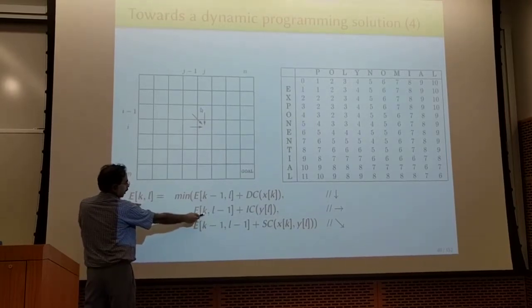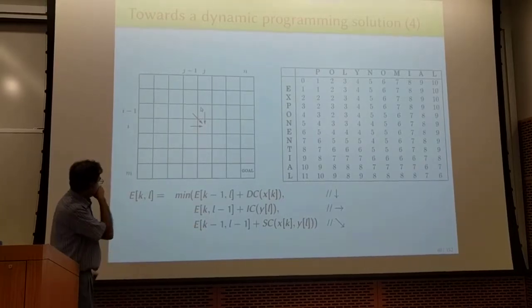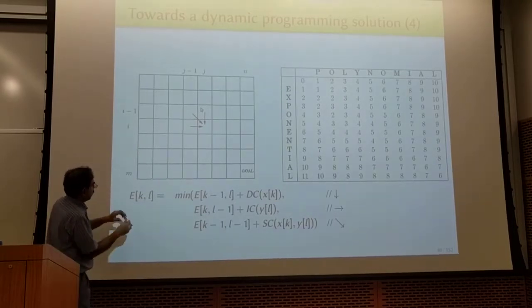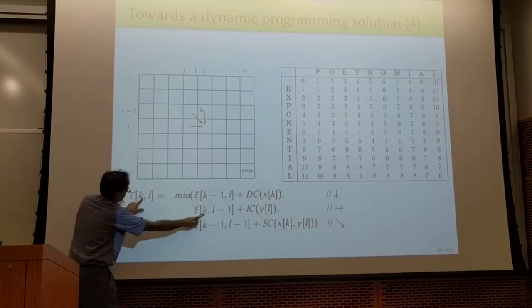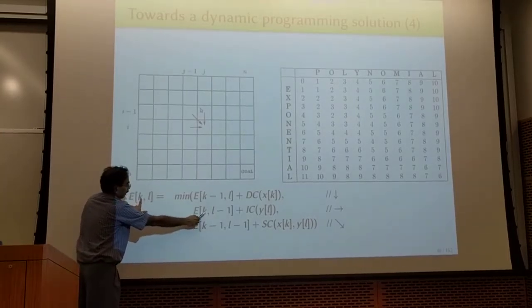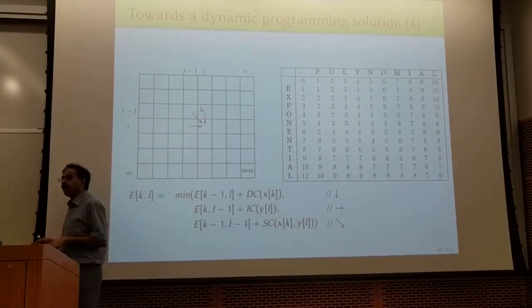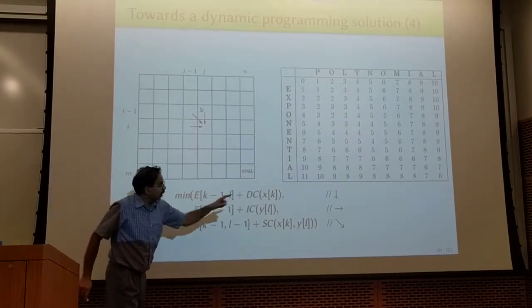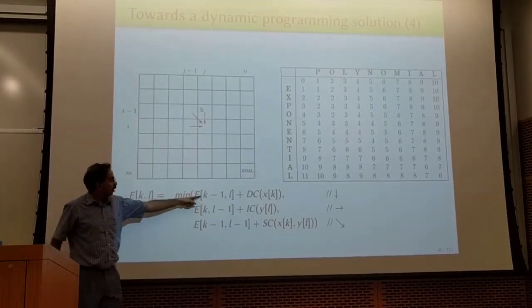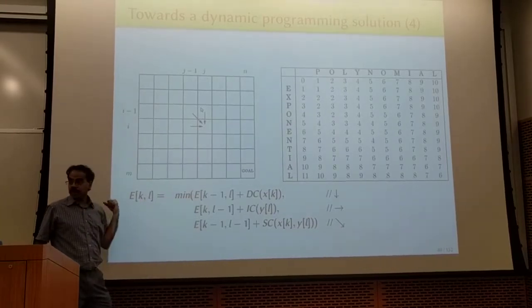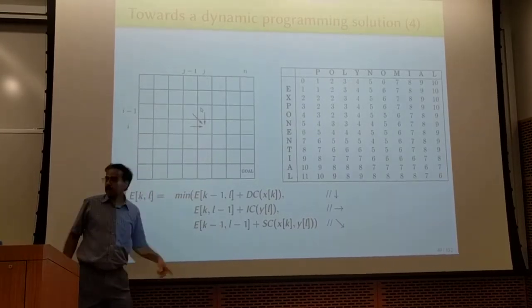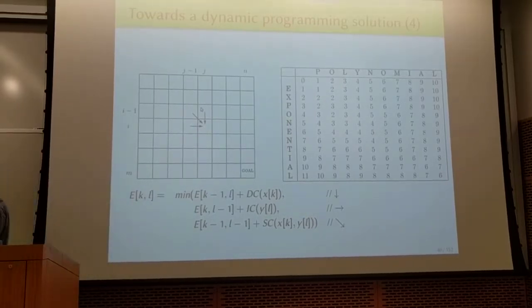Going to the right: you see that this k remains the same, which is the row. If the row remains the same, that means you are just increasing the column by 1, so that is why this is horizontal. Here you're increasing the row, so k minus 1 going to k, therefore you're going down. Here you're increasing both of them, which means that you're going down by 1 row and 1 column, and that's why that's shown as a diagonal.